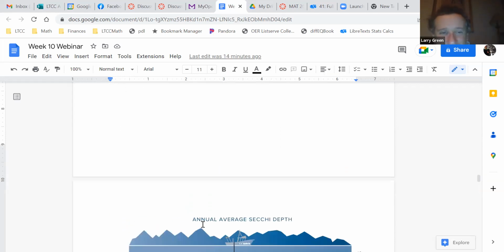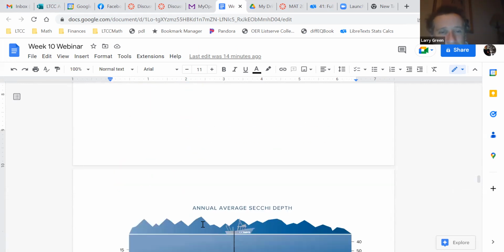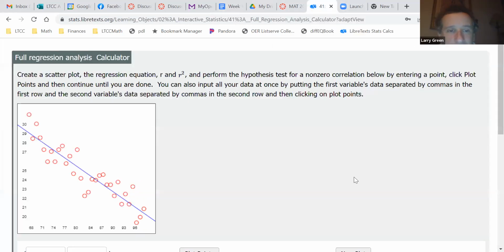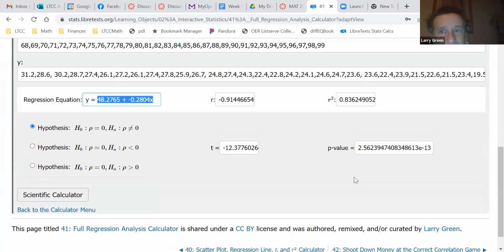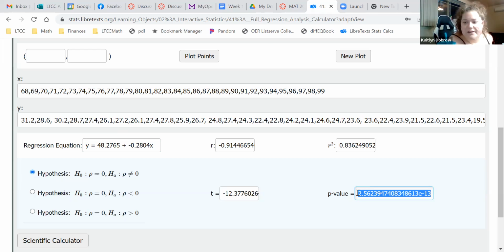Okay, and we got a p-value of very, very close to 0. Okay, so this should be something that all of you already have down. If the p-value is very close to 0, what's the conclusion in general? That there's statistically significant evidence.